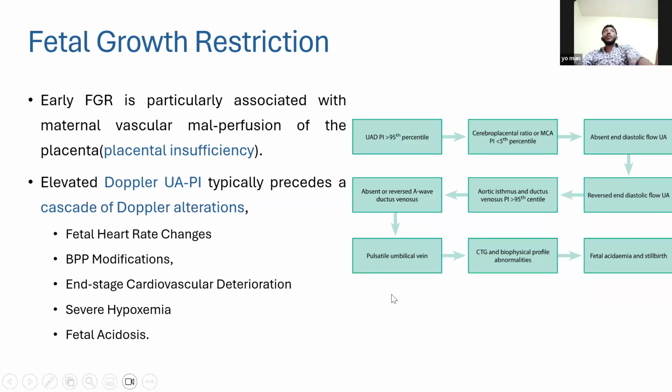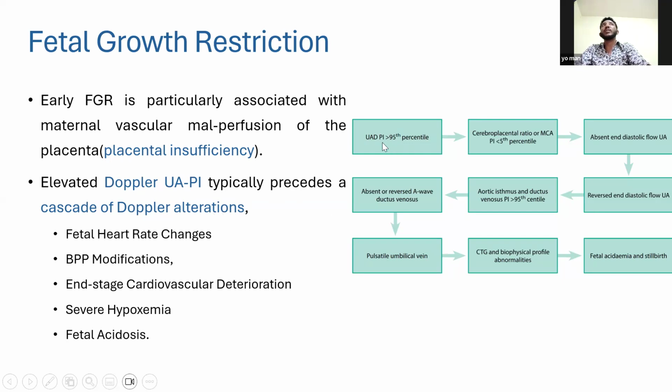The other thing that we are going to evaluate is fetal growth restriction. Early fetal growth restriction is particularly associated with maternal vascular malperfusion or placental insufficiency. So we are going to evaluate the Doppler uterine artery PI, which typically precedes the cascade of Doppler alterations.